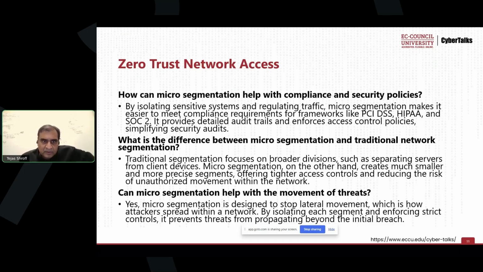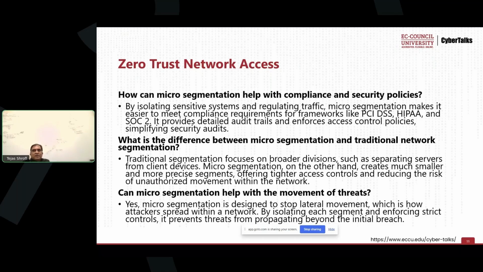So does microsegmentation help with the movement of threats? Absolutely it does. By doing microsegmentation, you're trying to stop lateral movement from happening, right? That is the easiest way for attackers to spread within a network. More than 85% of attackers work off of stolen privileges. When you work off of stolen privileges, you work off of elevated privileges.